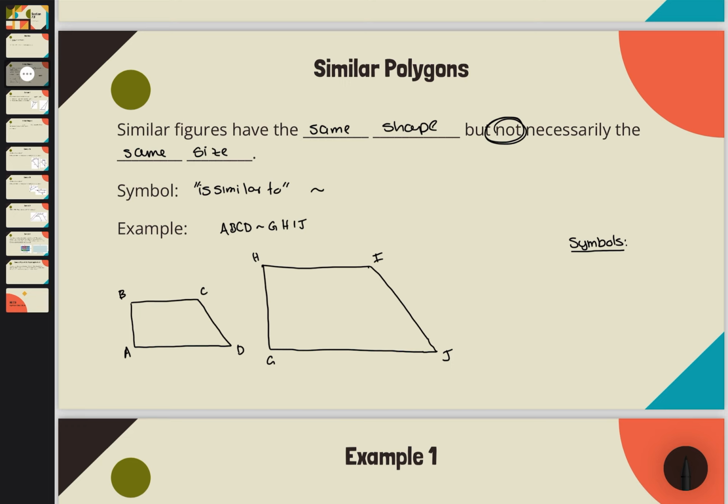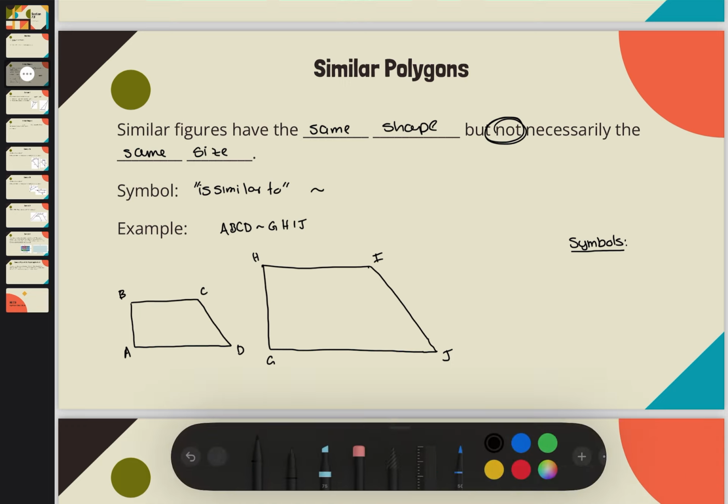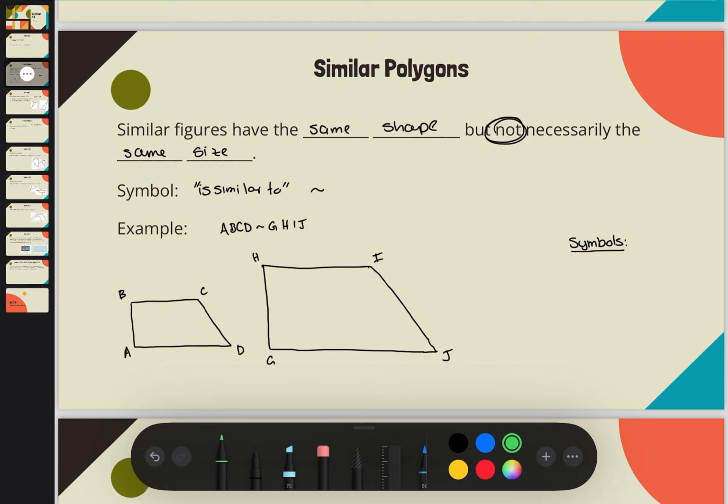When we have similar polygons, there's something special about their angles. So I am going to mark up some of these angles using some different colors here. And then we are going to write some statements based on what we are seeing. So within a similar polygon, I should have corresponding angles that are congruent.